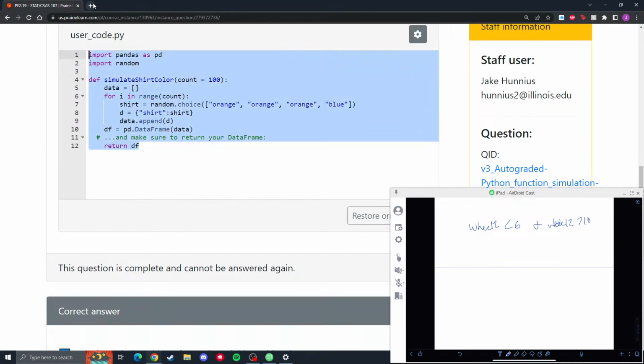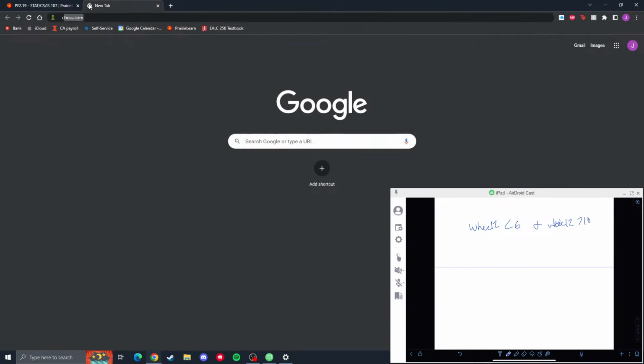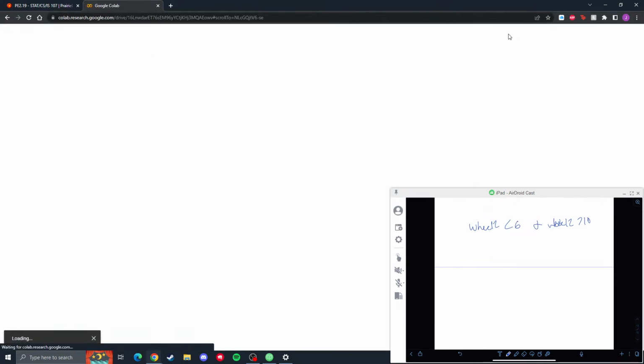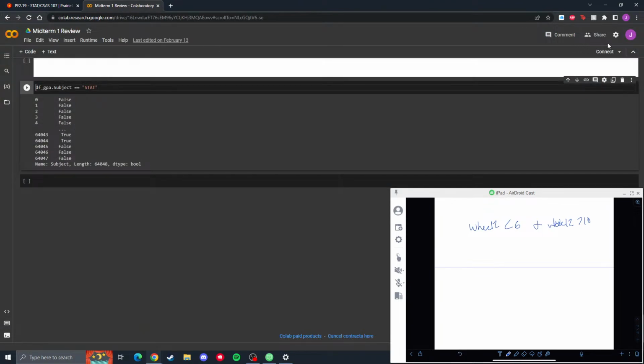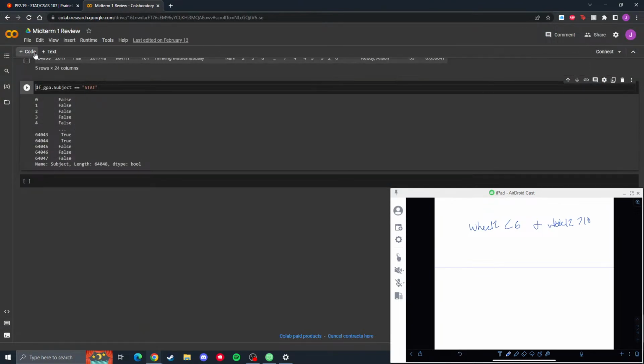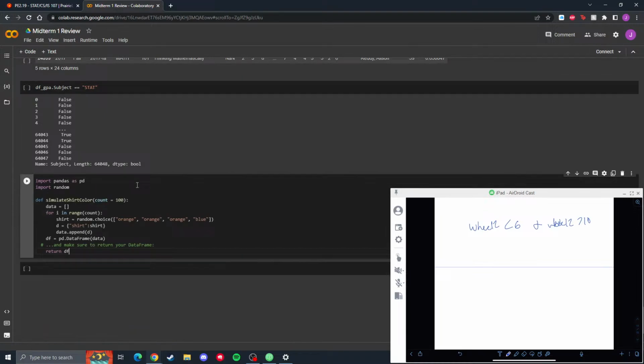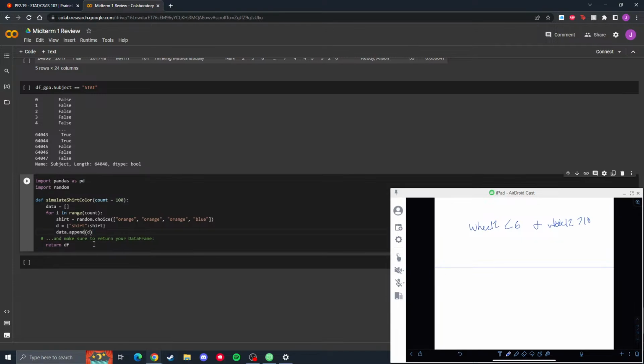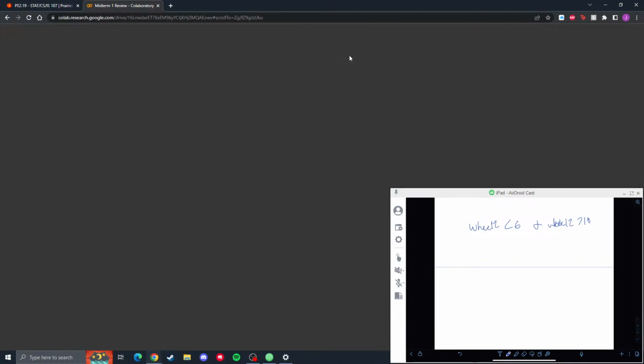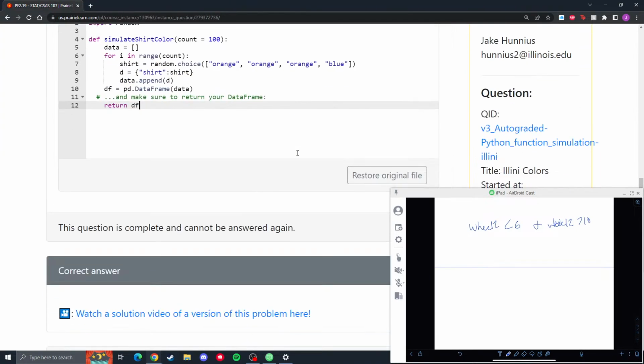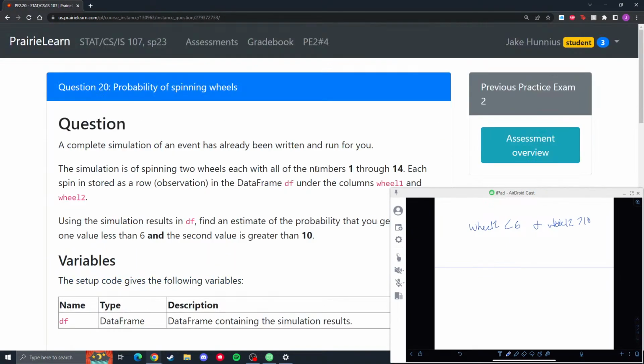So you can get rid of this line and just return this line. Both of these are valid ways of working. Let's go next. So yeah, it's impossible for wheel 2 to be less than 6 and greater than 10.